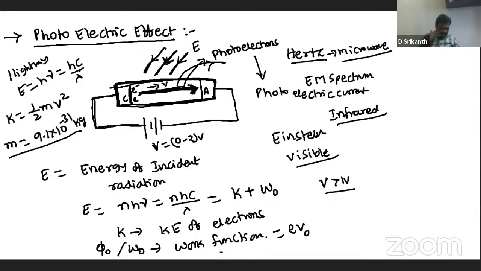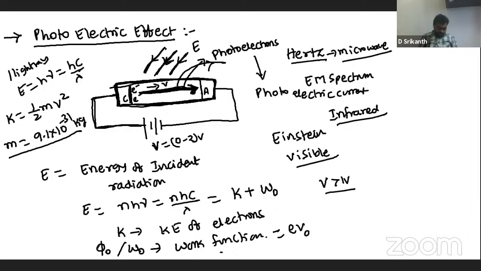Second point and third point done. And the fourth point: the minimum negative potential given to the collector. Here the anode acts as a collector and the cathode acts as an emitter. In the transistor configuration, we studied collector, base, and emitter, which emits the electrons.